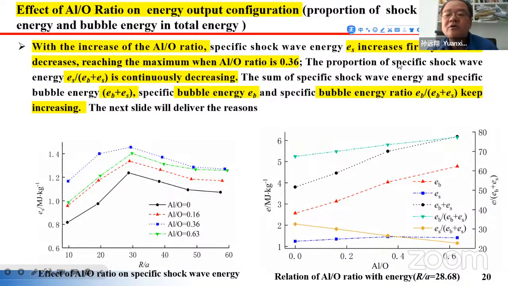The proportion of the specific shock wave energy is continuously decreasing, and the specific bubble energy and its proportion in the sum of the specific shock wave energy and the specific bubble energy keep increasing. On the next slide we will explain the reason.